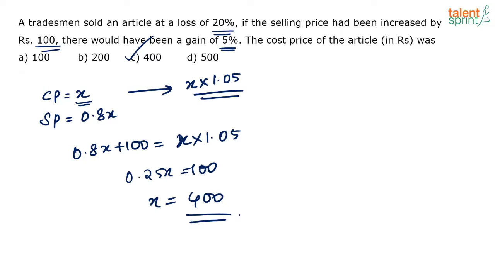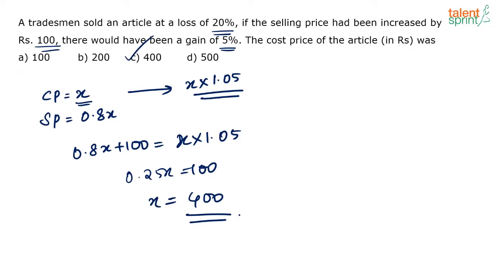Yes, again this question you can also check it with the options. This is one way of approaching. Now if you are not able to approach it this way, take the options and see. See, if you are taking the cost price as 400, he is selling it at a loss of 20%, means how much will he sell it for? 10% of 400 is 40, 20% is 80, so he is selling it for 320. Now if the selling price is increased by 100, so now what he has done, 320 plus 100.